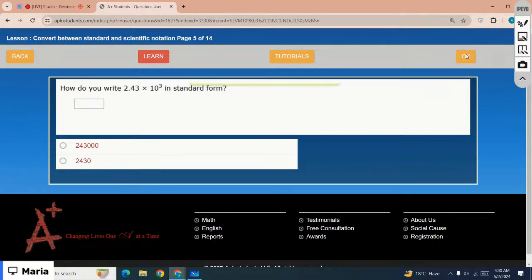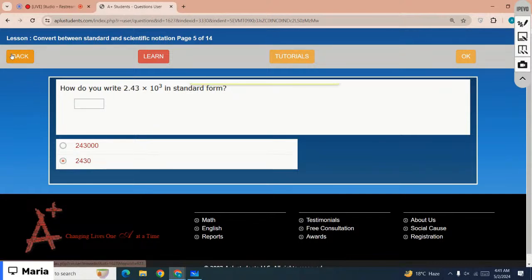How do you write 2.43 times 10 exponent 3 in standard form? Which is the correct option? The correct option is option number 2.